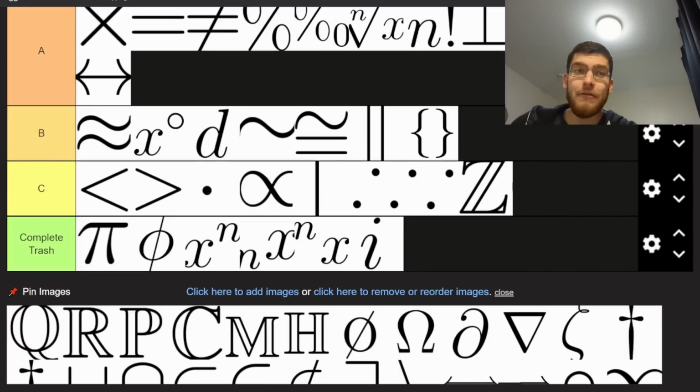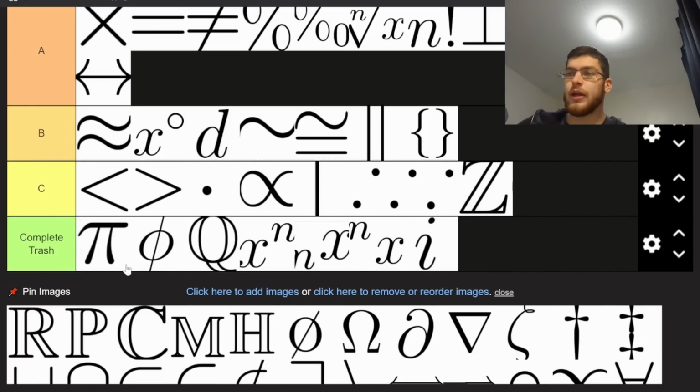Maybe use F for fractions because that's what rationals are. They're fractions, right? If R's already being used, be a little bit more creative. I think it's maybe quotients where it comes from, but who says quotient? Who says 3 quotient the 4? The quotient of 3 and 4. Like, what? Just use F for fractions, like how normal people speak. So this has got to be complete trash, honestly.